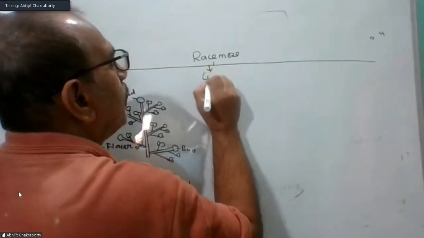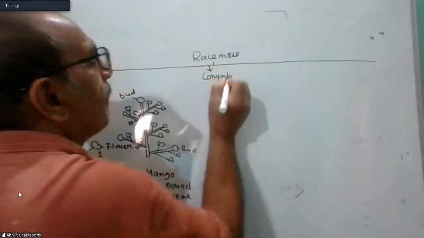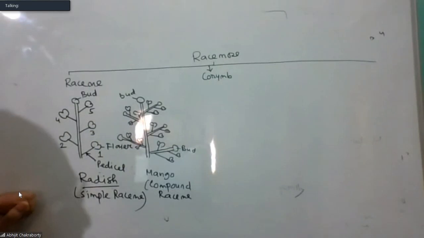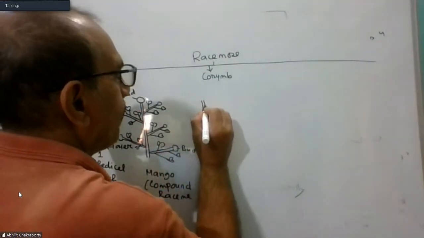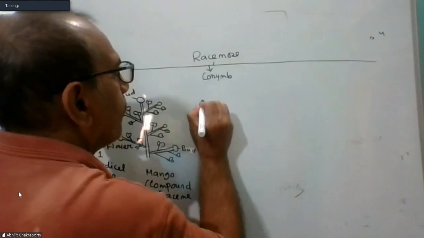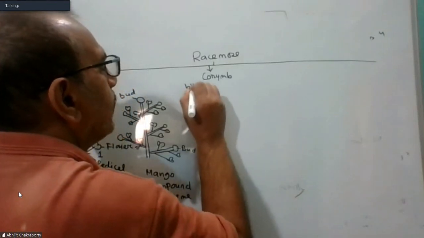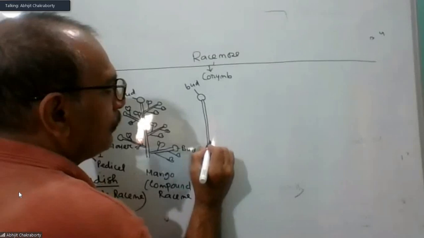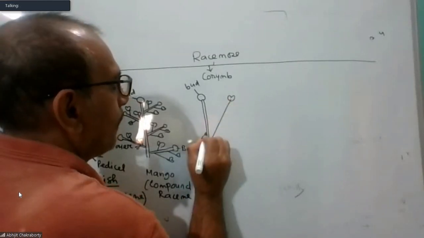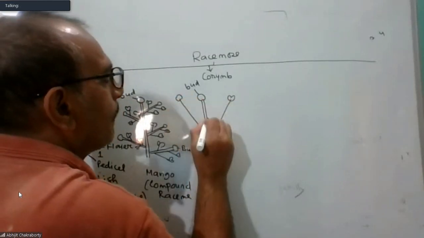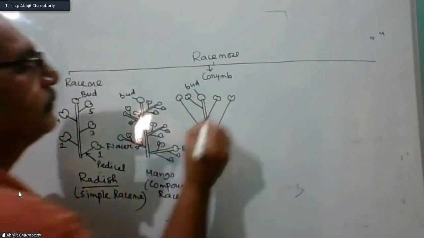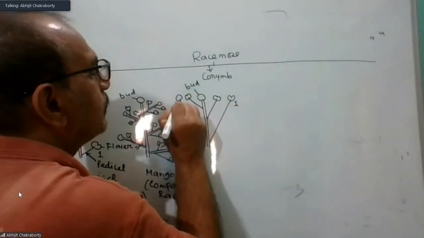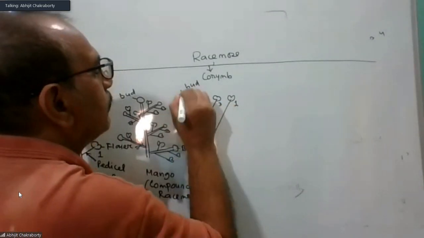Then comes the corymb. In corymb, this is the bud. Now you see. First flower, second flower, third, fourth.